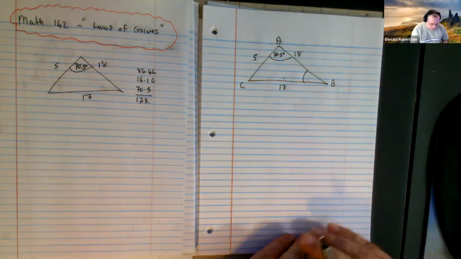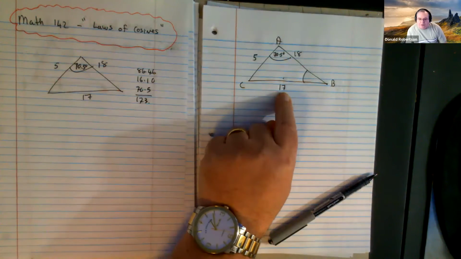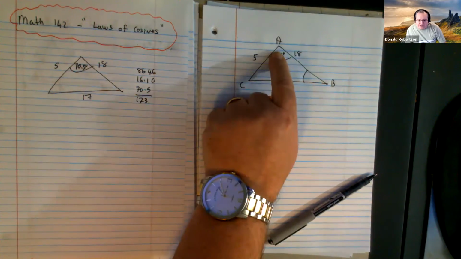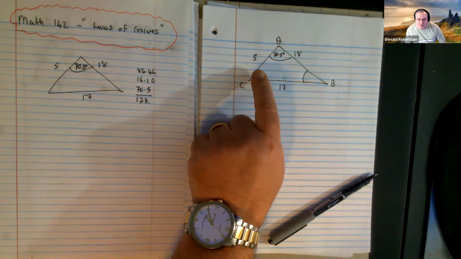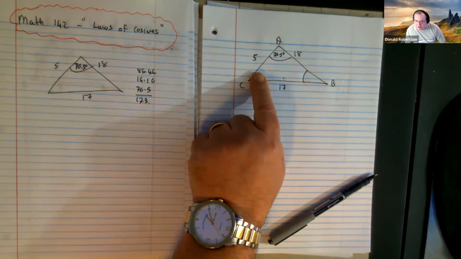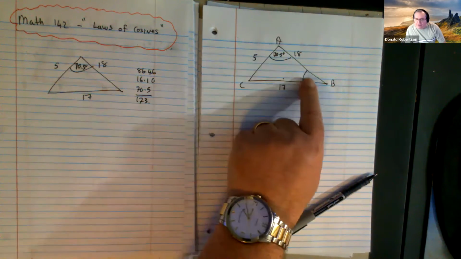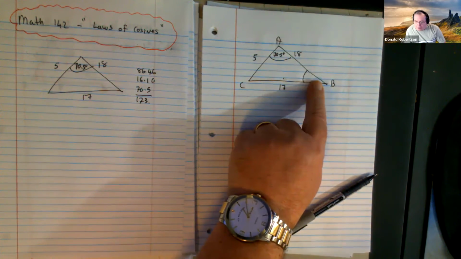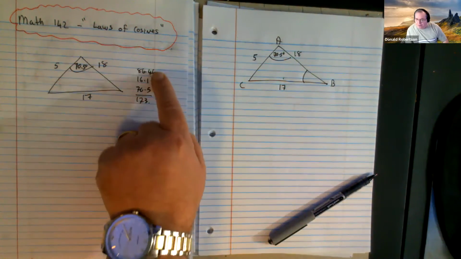And the reason I know that is that there's a property that you can use when you know all three sides. The biggest angle is going to be opposite the biggest side. So I bet you angle C is going to be the biggest of the three. The smallest angle is always opposite the smallest side. So I bet you angle B is going to be the smallest, and that one's going to be the middle. And that kind of fits the numbers we've got here.